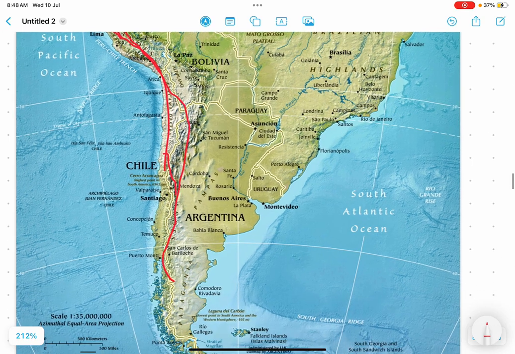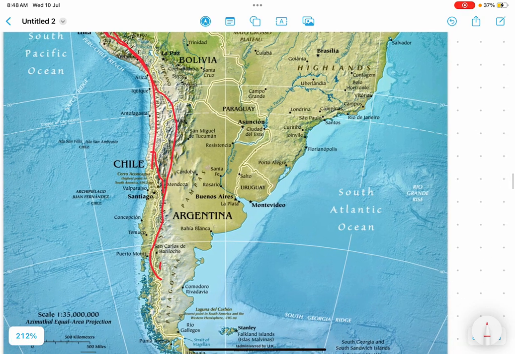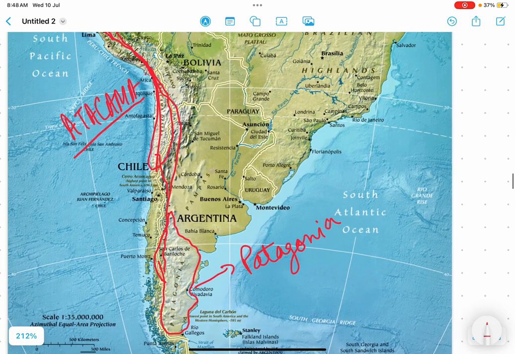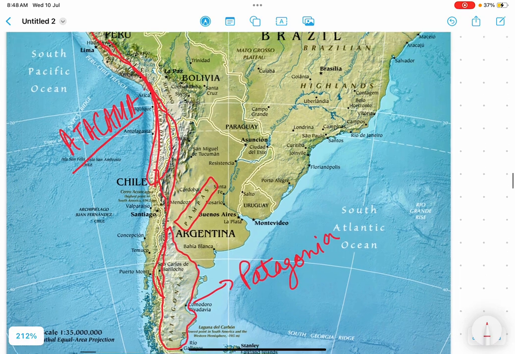So we have this cold desert, this region here is called Patagonia, right. On this side, this region is called Atacama Desert, right. Then this region is called Pampas. You should know Pampas is in Argentina.